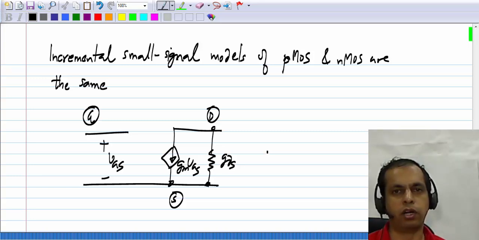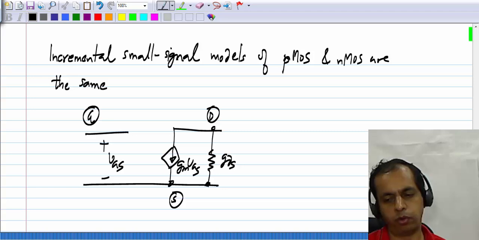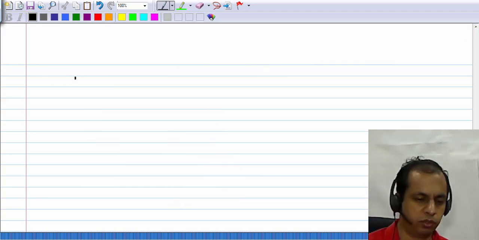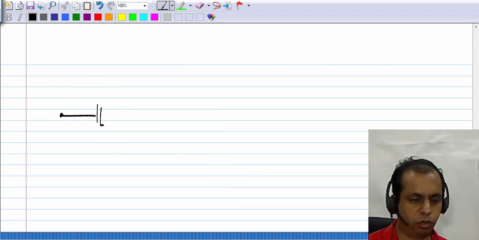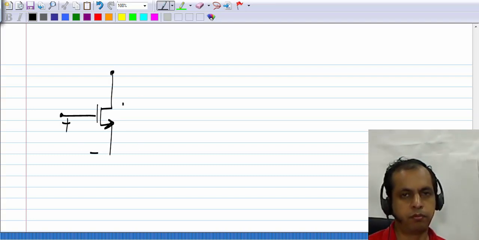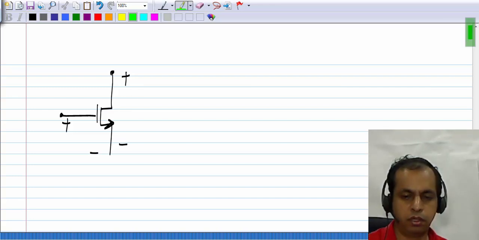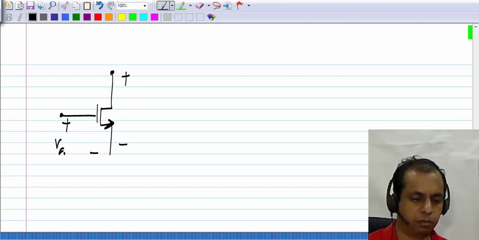And in case you are still wondering how NMOS and PMOS came out to have the same incremental model, we can also go back to the large signal picture. This is for NMOS, and we describe it in terms of VGS and VDS.